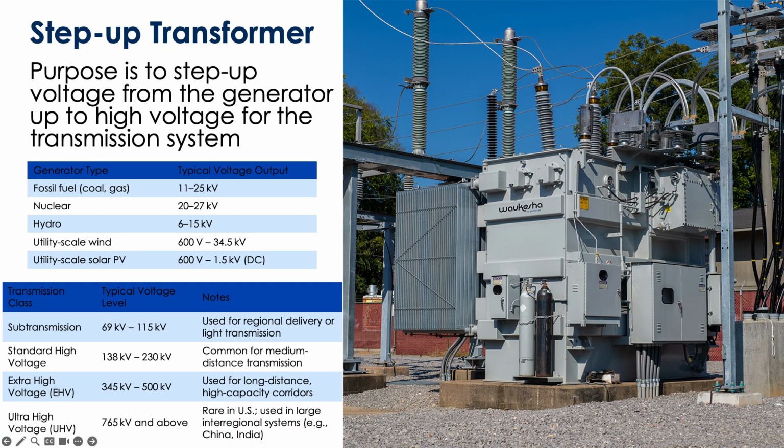The electricity that comes out of the power plants we've been talking about is not right at the correct voltage that we need to send across our transmission system. In fact, you can see what a typical voltage output out of the generator would look like depending on the fuel type.